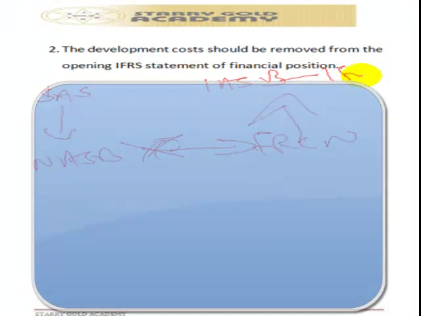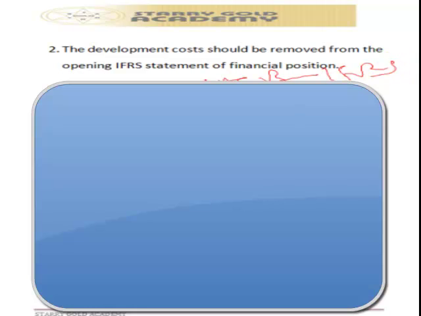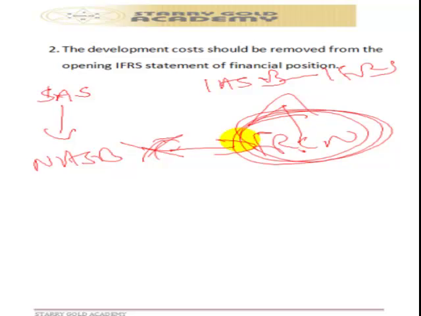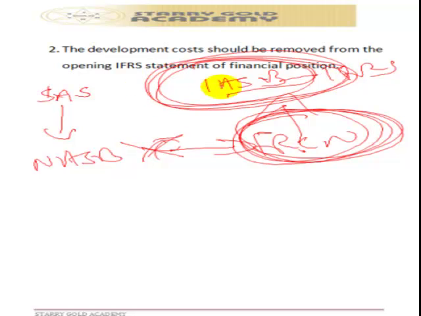IASB issues IFRS. The Nigerian FRCN receives instruction from them, and they also receive guidelines on how this IFRS should be applied in Nigeria. So FRCN is set up by the federal government of Nigeria to receive instructions from the International Accounting Standards Board of United Kingdom. That is, they receive some basic principles and information or guideline on how the standards should be adopted.